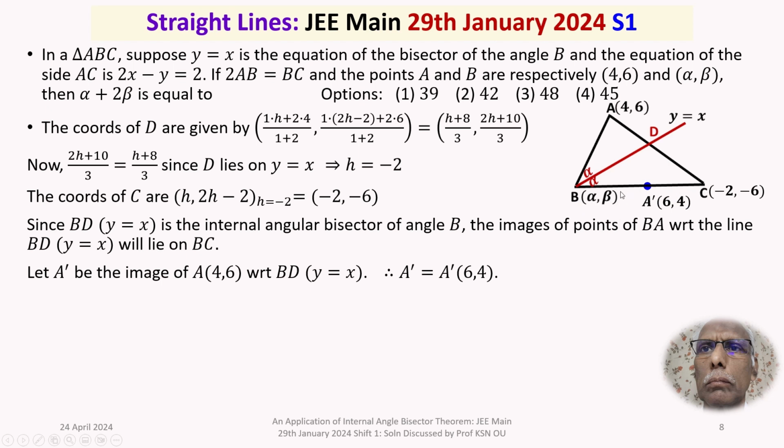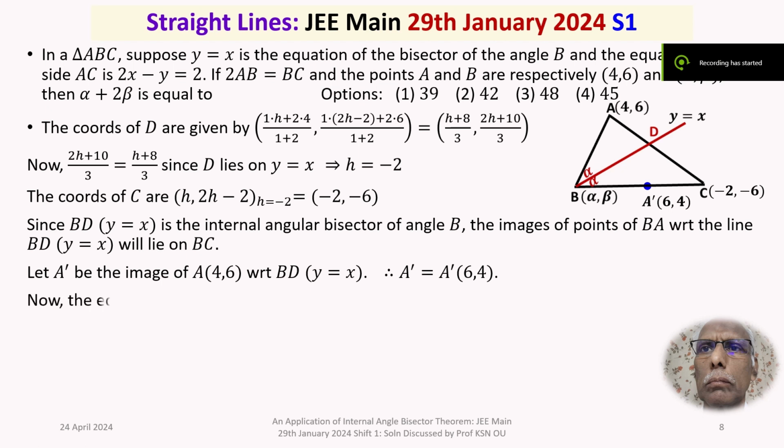Therefore, you will get a relationship between alpha and beta. Then we can find out alpha and beta and find out alpha plus 2 beta. So look at the application of the internal angular bisector theorem once again.